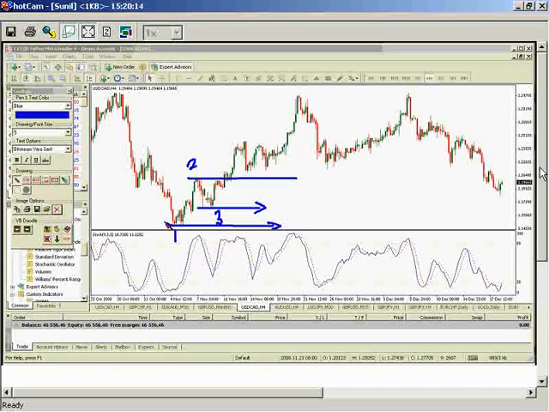This is my 1. This is my 2. And this becomes my 3. So we have a 1, 2, 3 formation. Let me plot some simple lines onto this. It makes it easier for us. Just give me one moment. 1, 2, 3.